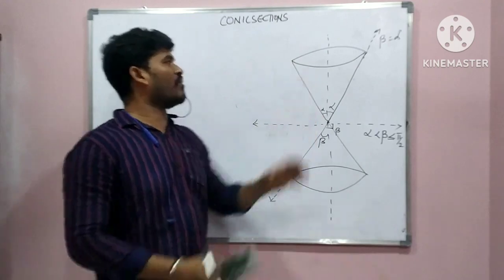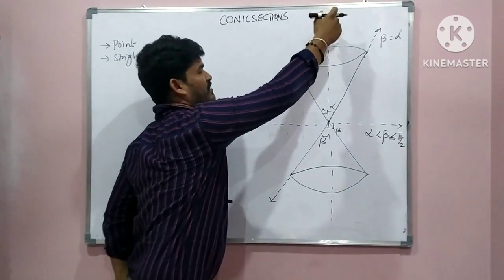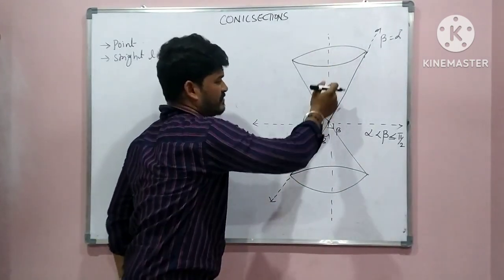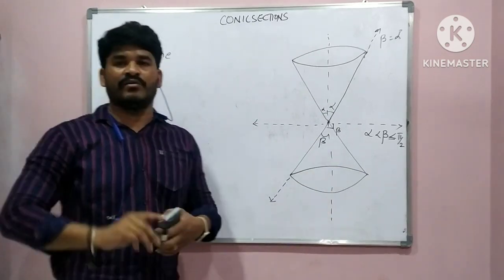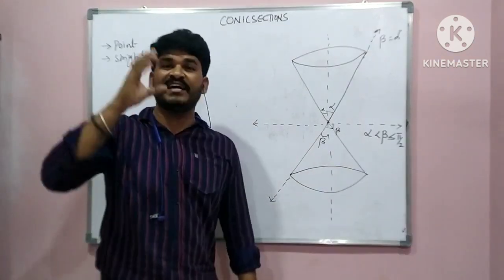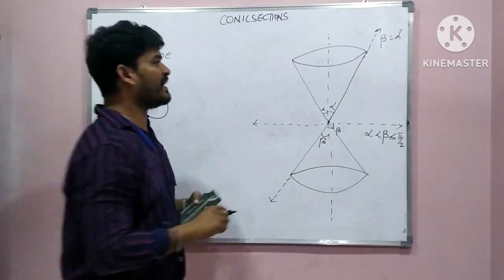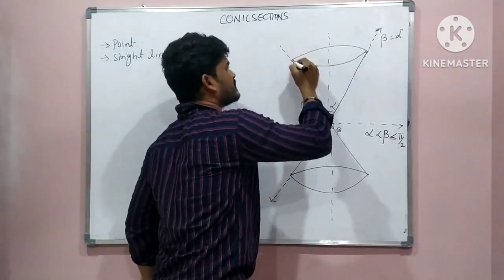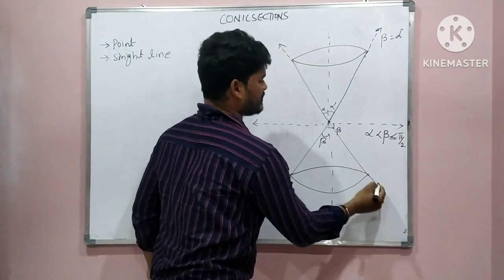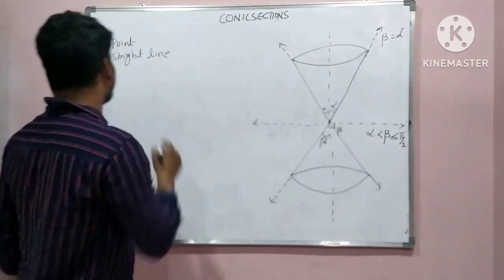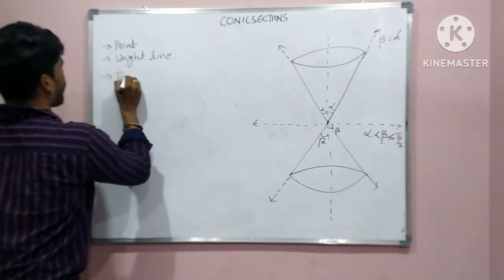In the same way, we cut this cone through the vertex, on this vertical axis, seeing the diagram in 3D. We will get a pair of straight lines.